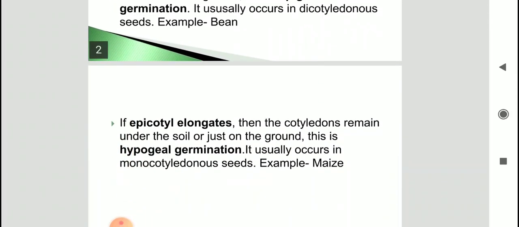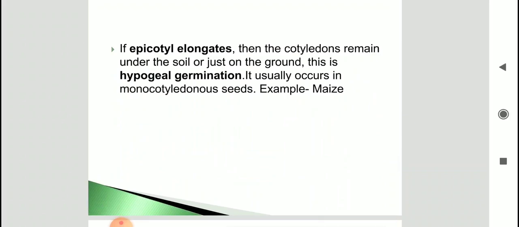Then if epicotyle region elongates, then the cotyledons will remain underground, or they will just touch the surface of the soil. They will not be lifted above the ground. So if epicotyle elongation takes place, then this type of germination is called hypogeal germination, and it usually occurs in monocotyledonous seeds. Example is maize.